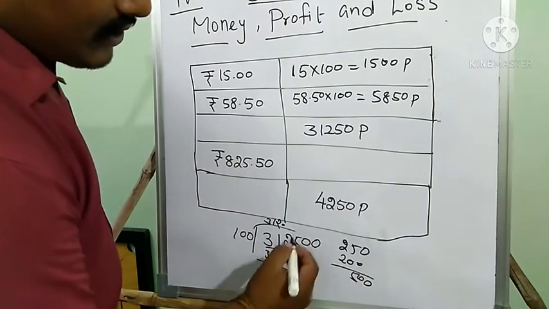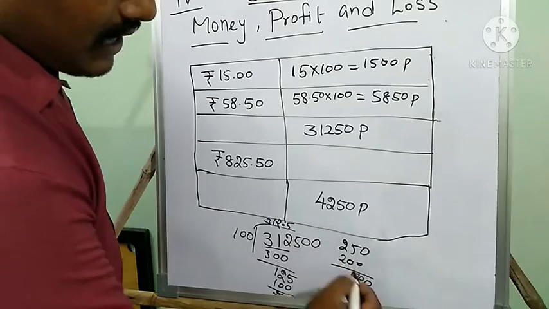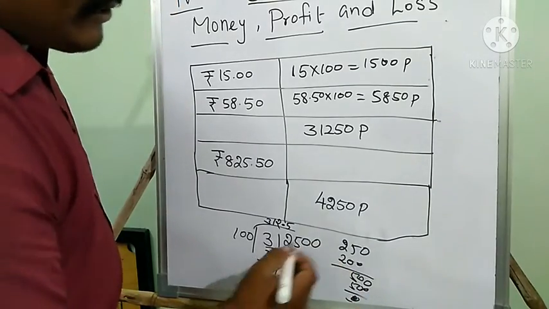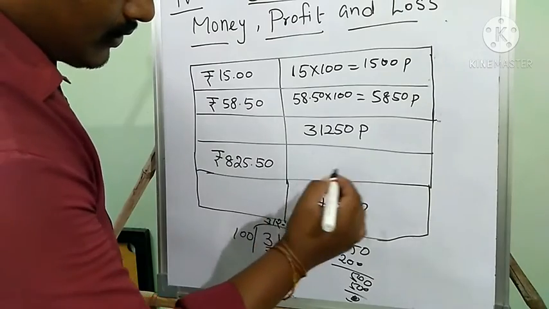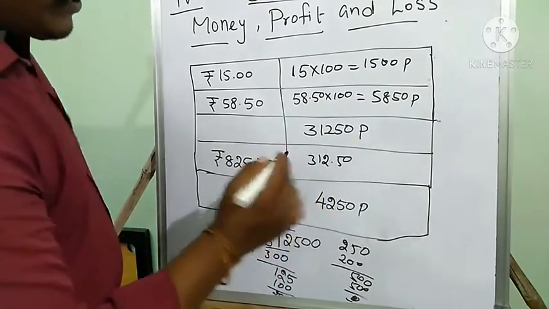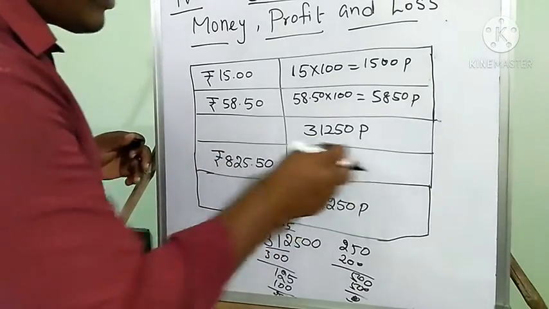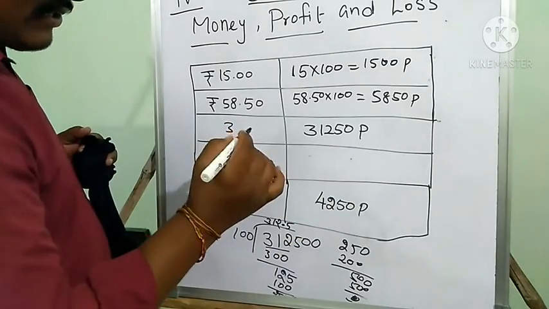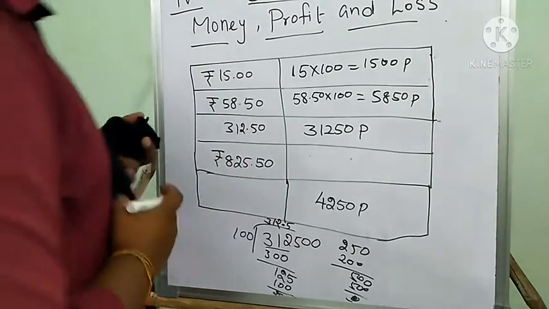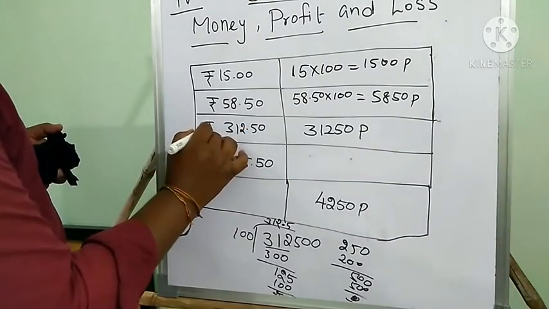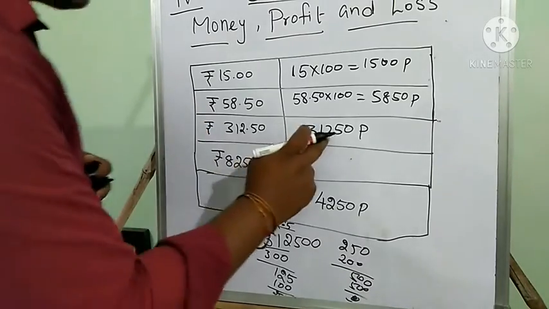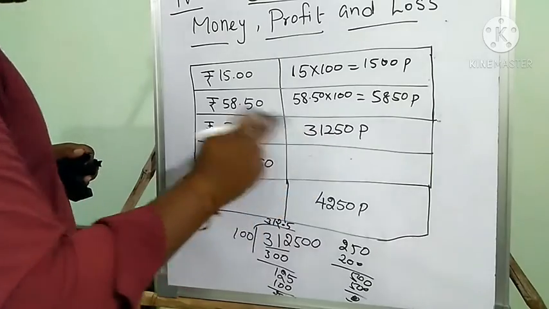So 500. 500 is equal to 500, then 0. Now what will you get? 312 rupees 50 paise. So they gave paisa, I converted into rupees.